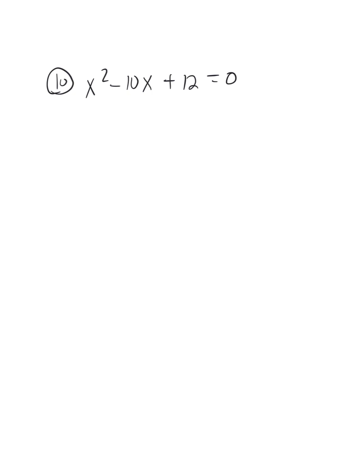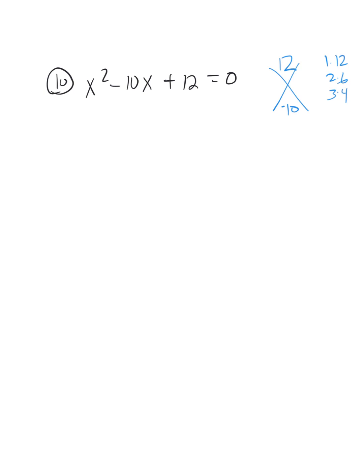Immediately I can tell with this one that I'm not going to be able to do square root because I have the 10x there. If I think this through, two numbers that multiply to 12 and add to negative 10, if I think about 1 and 12, 2 and 6, 3 and 4, I'm not going to be able to make a 10 out of that.